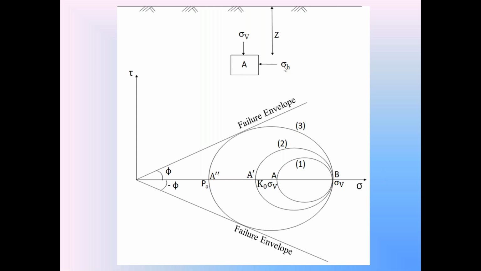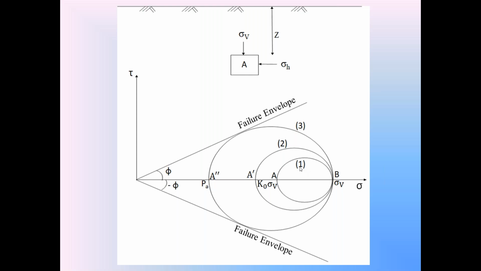At one stage, sigma h is reaching the point A double dash. OA double dash is the sigma h value when the retaining wall is further moving away from the backfill. When sigma h is at A double dash, we got this third Mohr stress circle. Sigma v remains constant. Only sigma h gradually decreases in the active condition.